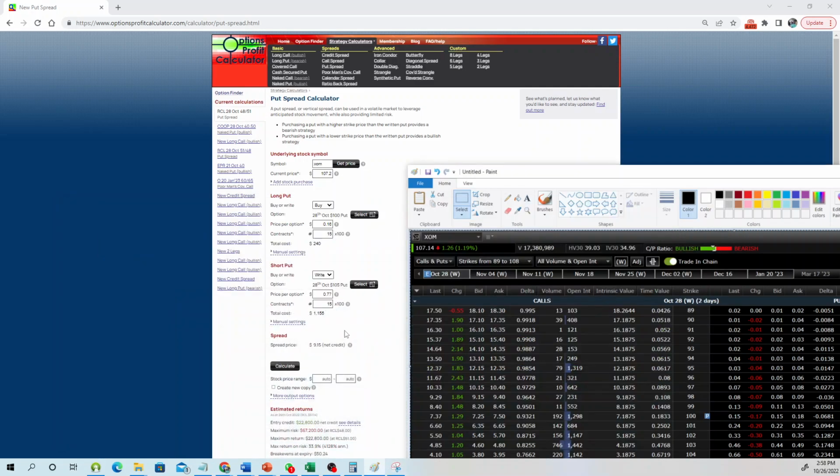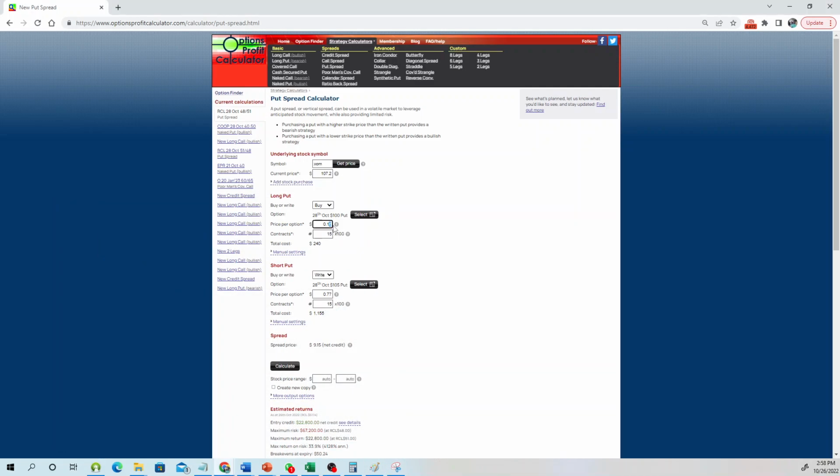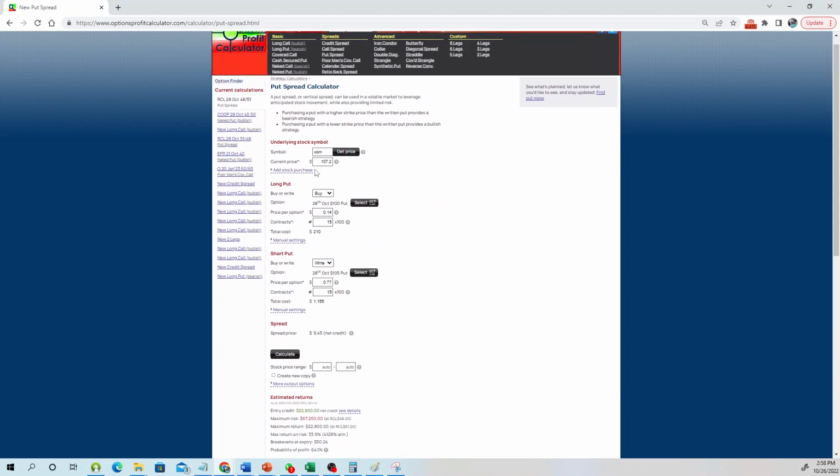The one that I purchased was for 14. So what this did was you have your long put, the one that I bought with a $100 strike, so it's $5 less than the strike that I sold, and the one I purchased only cost me $14 per contract. 15 contracts is $210.